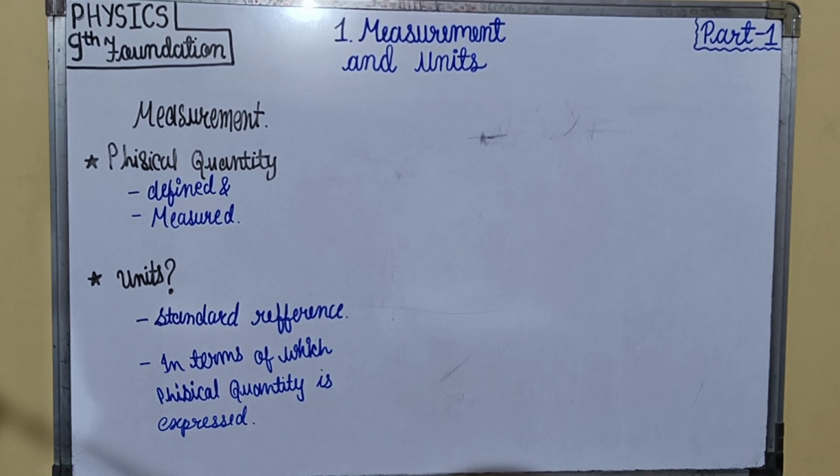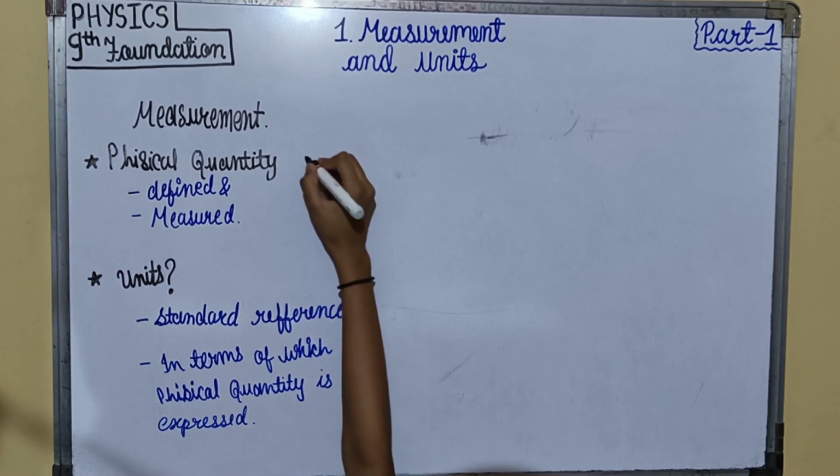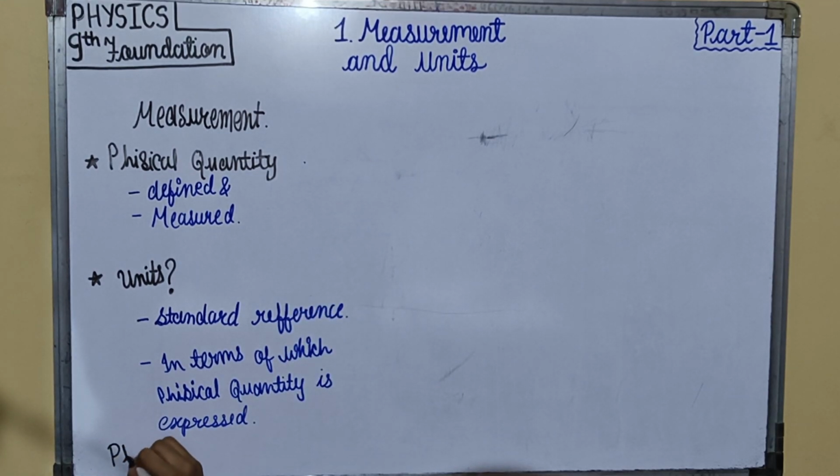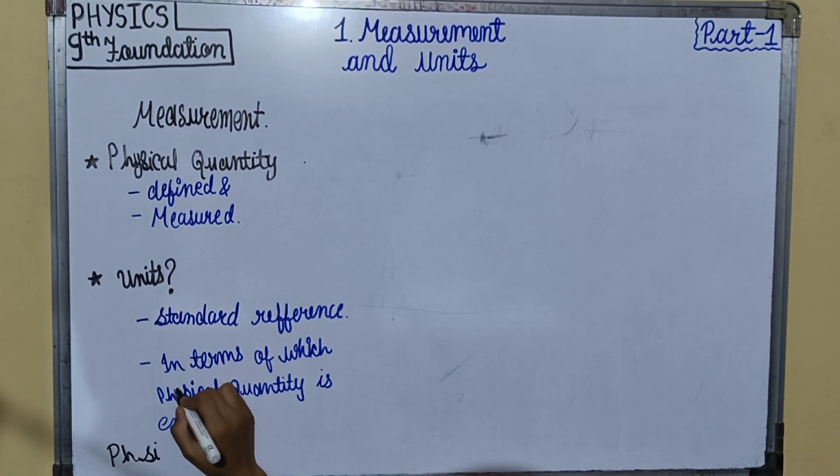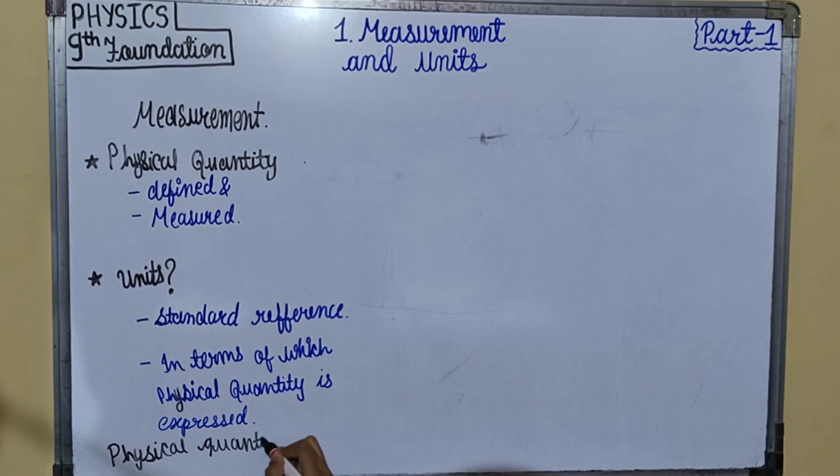So the formula is: physical quantity is equal to magnitude of physical quantity into units of physical quantity, units of measure of physical quantity.